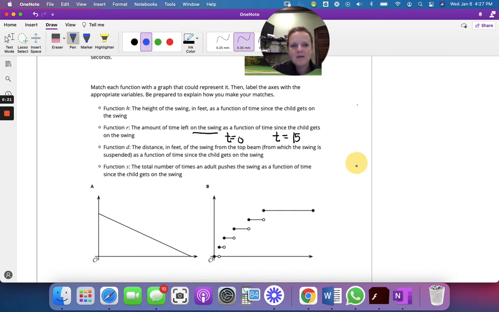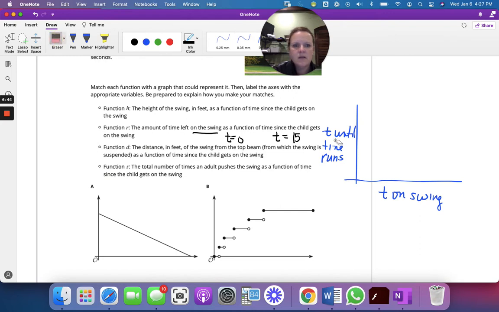So we think about, it already said that the independent, this is time on swing. If we made this time until time runs out, is that what it said? The amount of time left on the swing. Let's use the right words.